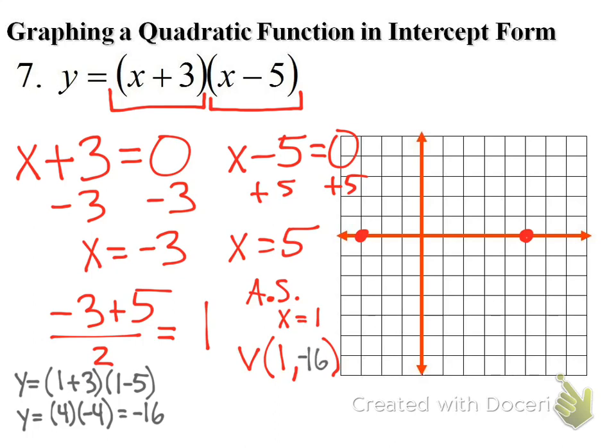We might be a little off on this one, but that's all right. Actually, I'm going to count by 2s. And I'll still be a little off, but it'll be down here.